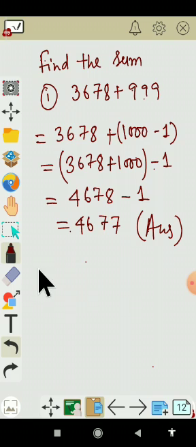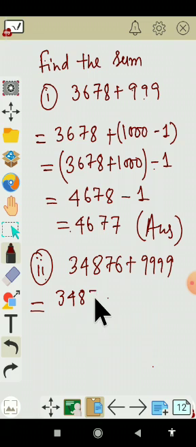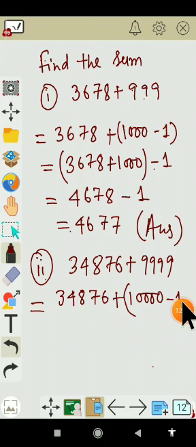Another problem: if they ask you to find 34876 plus 9999, how do you add this? We will again use the associative property here. We will write 10,000 minus 1 in place of 9999. Sorry, I said 1 lakh earlier, but it will be 10,000, so one 0 less.